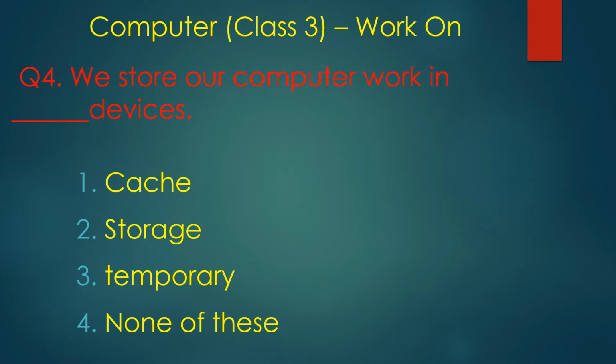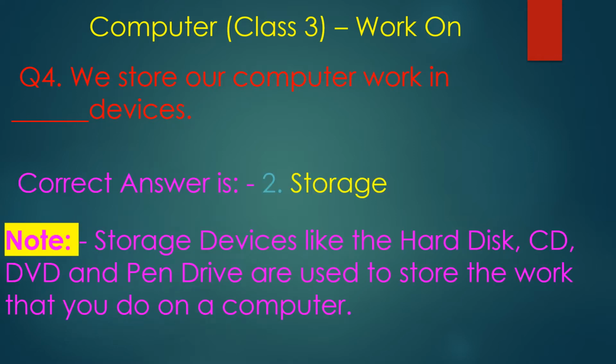We store our computer work in cache storage temporarily? None of these. Storage devices like the hard disk, CD, DVD, pen drive are used to store the work that you do on a computer.